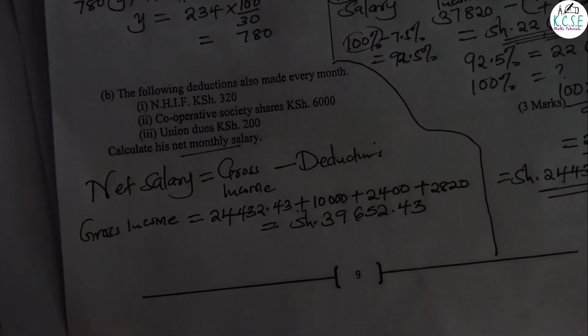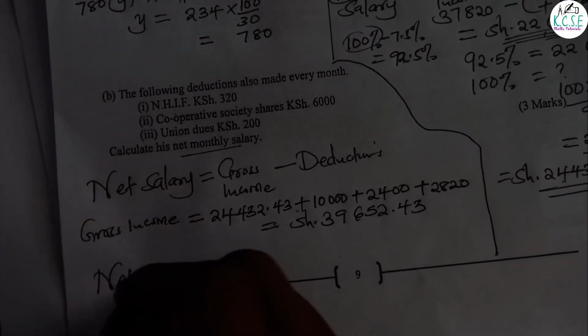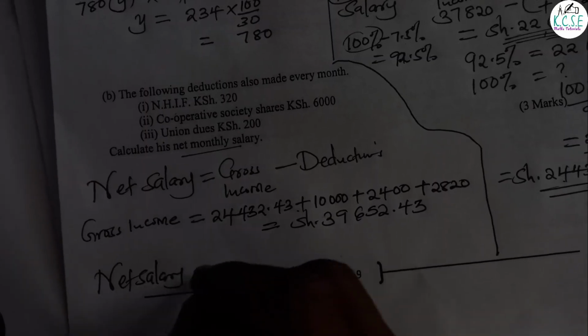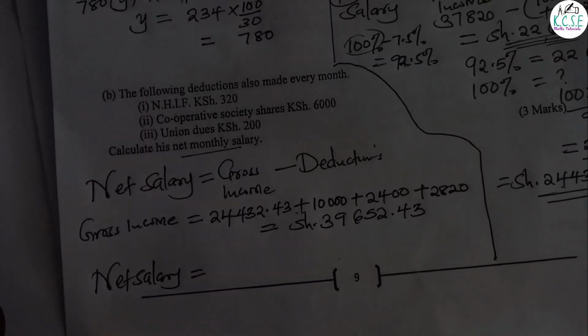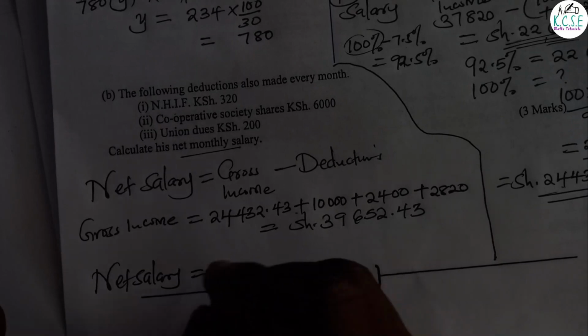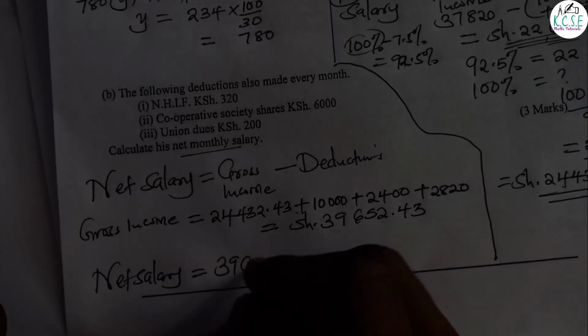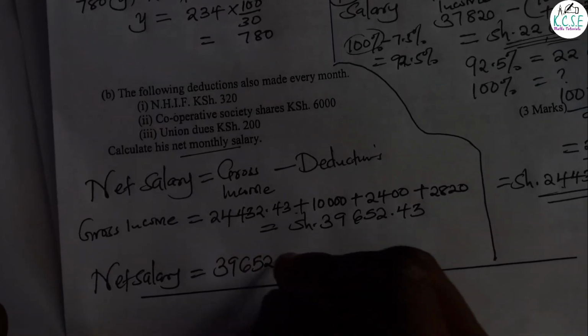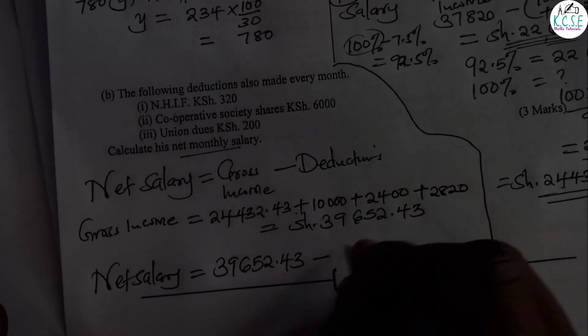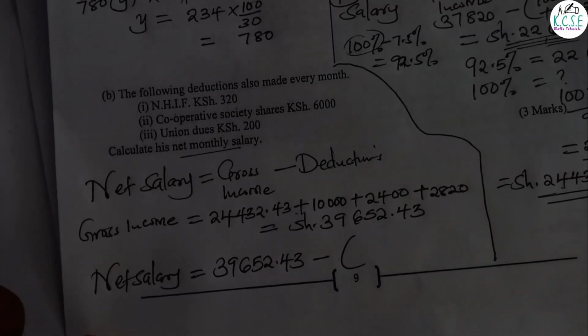Now let's get the net salary, which will be the gross income, 39,652.43, subtract all the deductions.